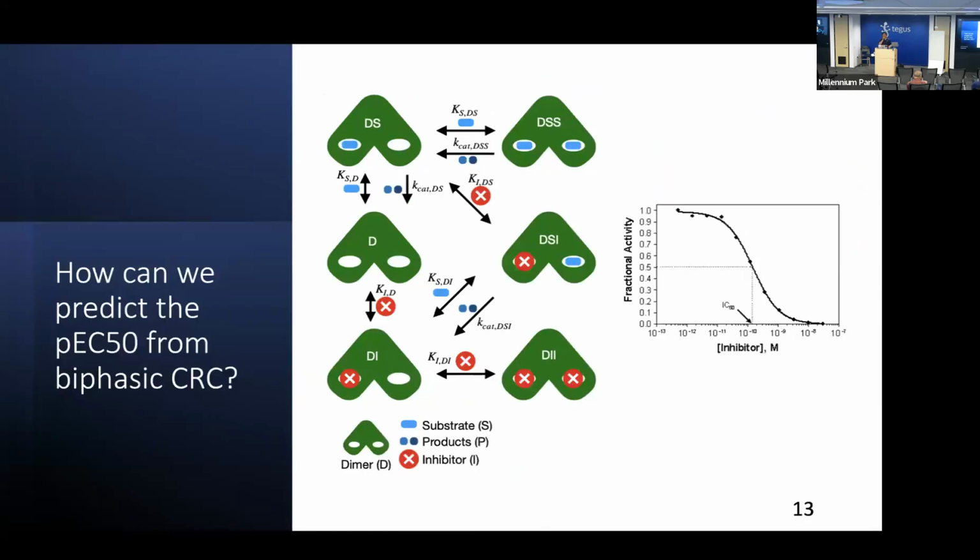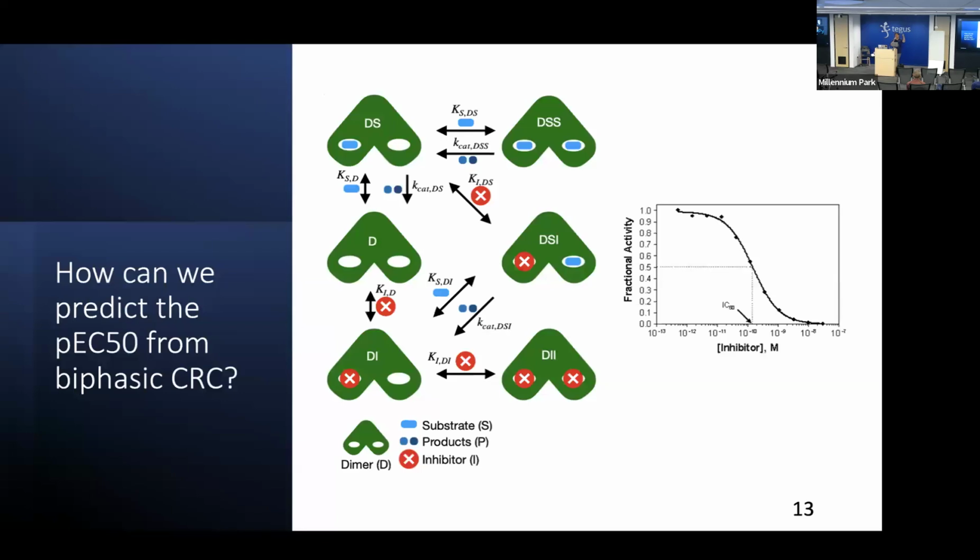So what we hypothesized is that if we fit our data to this more complicated model, we can predict what happens when you have a less complicated model, when you have only the dimer. Because the literature had suggested that the dimer is the only active form of the enzyme. And they also suggested the biphasic curve comes from the dimer formation when you add a small amount.